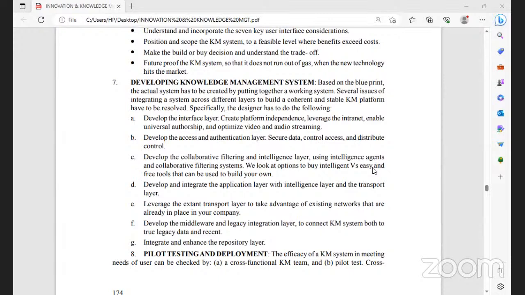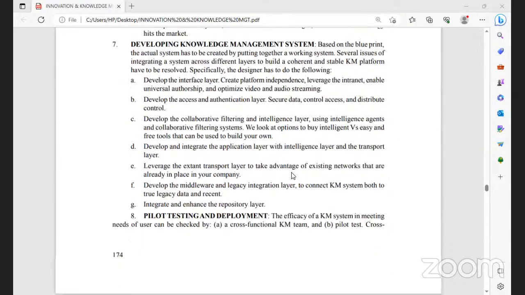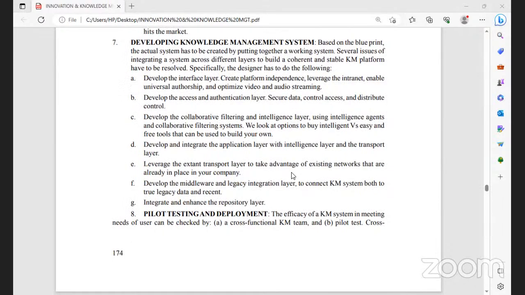Leverage the extant transport layer to take advantage of existing networks already in place in your company. Develop the middleware and legacy integration layer to connect the knowledge management system both to true legacy data and recent data. Integrate and enhance the repository layer. They're all the points to be taken into consideration for developing a knowledge management system in a real-time scenario.